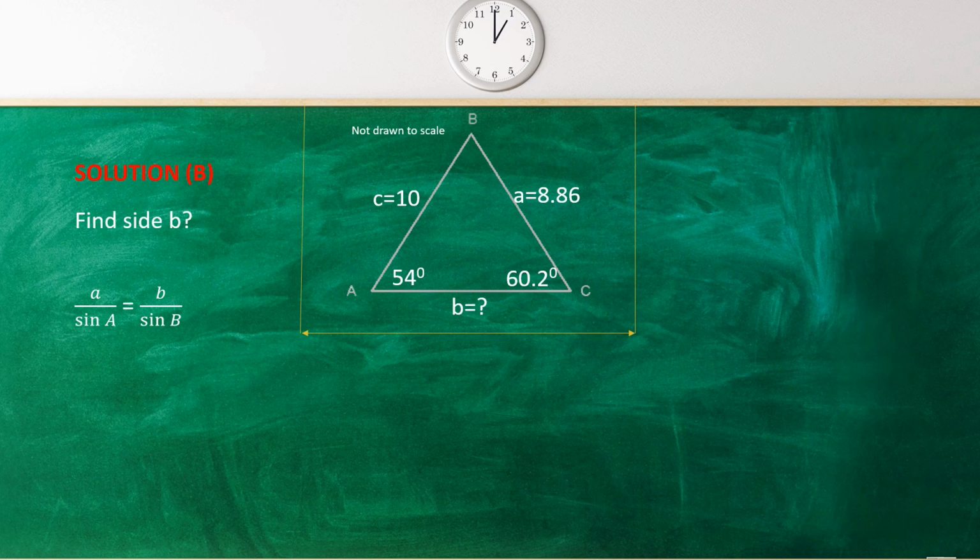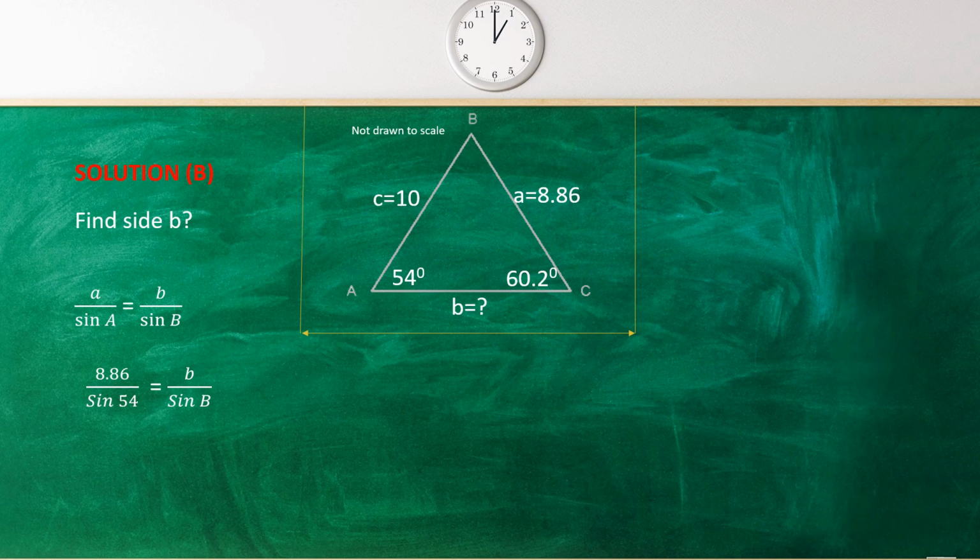Remember, you could still have gone with C over sine C is equal to B over sine B. But for purpose of this example, we have chosen to go with A over sine A. We do not know B, we are looking for it. But we can look for the angle B. We can get it.